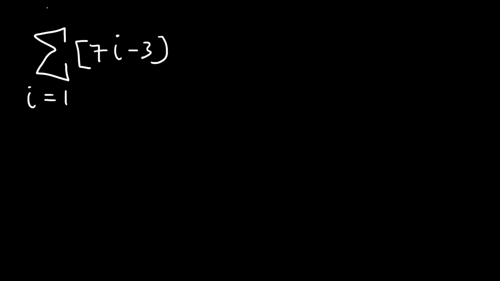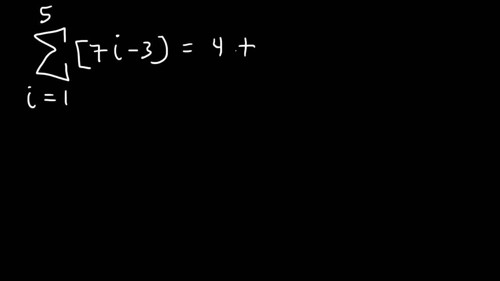Let's try another example. Evaluate this one. Let's say this is 7i minus 3, going from 1 to 5. Go ahead and try that. If we plug in 1, 7 times 1 minus 3 is 4.